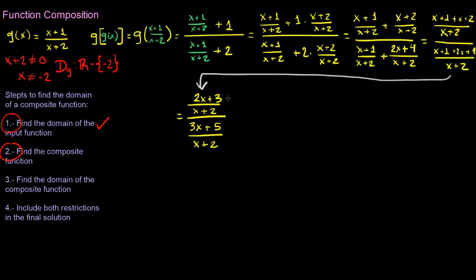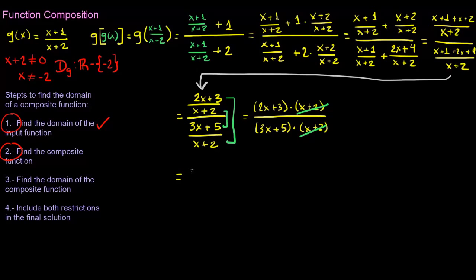I'm going to use the super famous sandwich rule here, and then we go to this expression: 2 times x plus 3 times x plus 2 all over 3 times x plus 5 times x plus 2. Now here we can simplify things out. This one goes out, this one goes out, and now we finally got to our composite function.